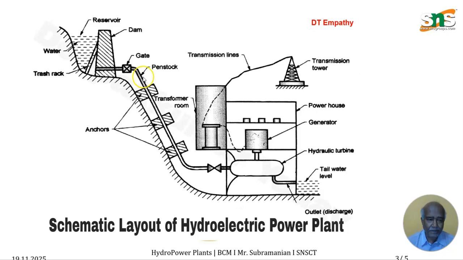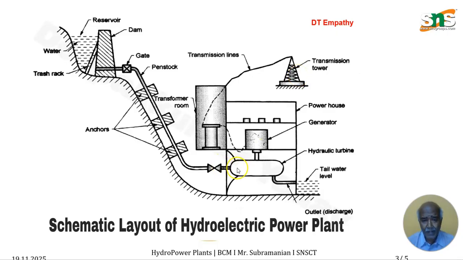When the water flows through the penstock and hits the hydro turbine blades, the turbine rotates. The turbine shaft is fixed with the generator, which produces electricity, and the electricity goes to the transformer room. From the transformer, it is transmitted to the power lines.